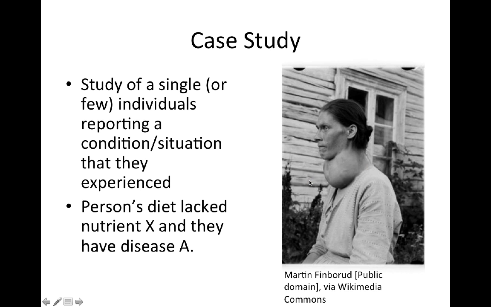We now know that it's due to deficiency in iodine, an essential mineral that we need. But before we knew what caused this, you would have had the case studies where these people are lacking in this particular nutrient and they have disease A, or probably more likely, this person has disease A and this is what their diet looks like.